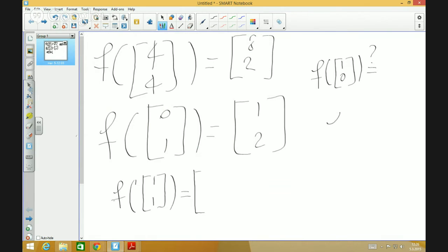Since f is linear, for every vector x you know that f of ax, where a is a number, is a times f of x. Remember, that's one of the properties linear functions satisfy. So f of (1, 1) is actually (2, a half), perhaps.